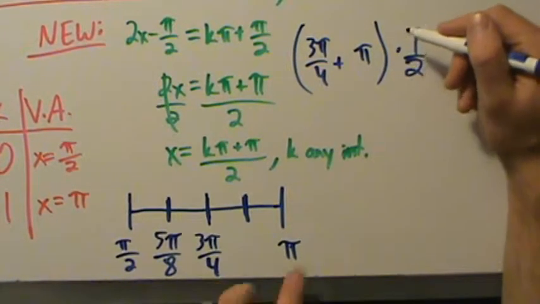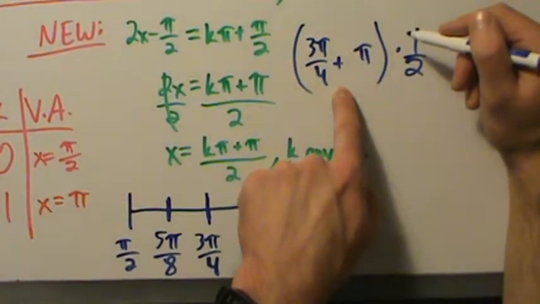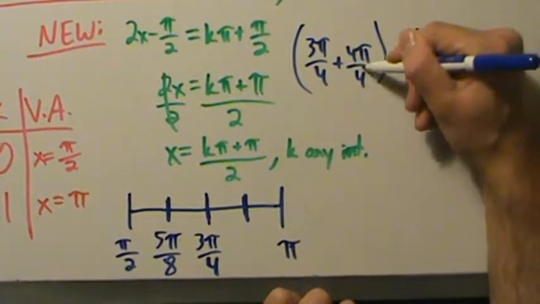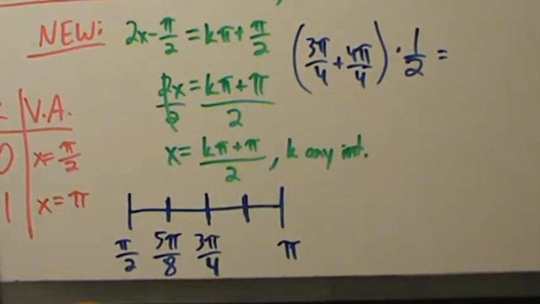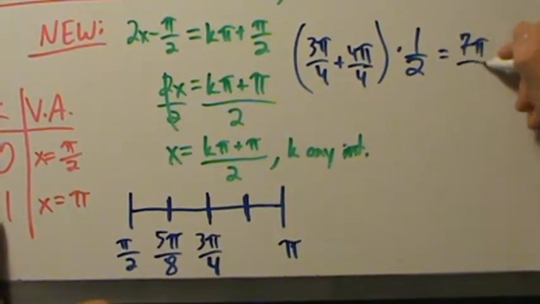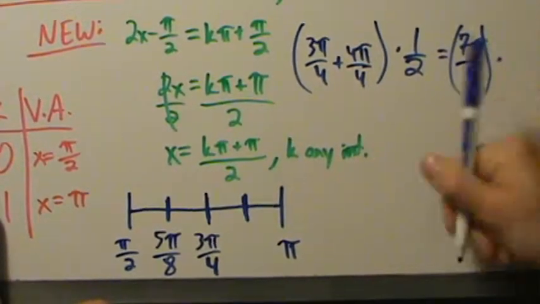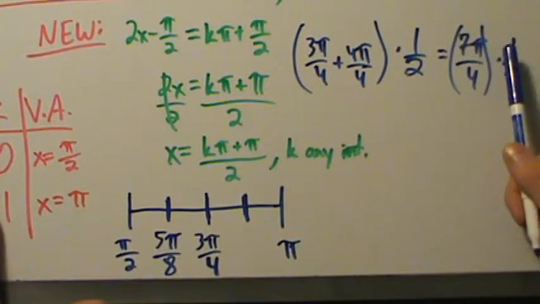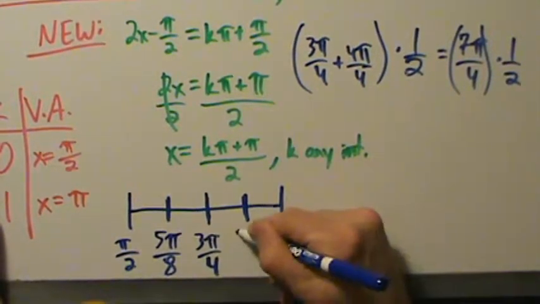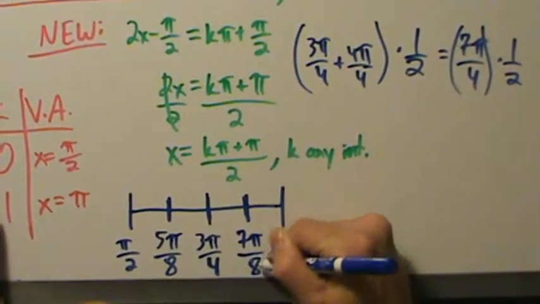So we have to get a common denominator in here, so multiply pi by 4 over 4. Then 3 pi over 4 plus 4 pi over 4, that's 7 pi over 4. And that whole thing is still being multiplied by a half. So this whole thing altogether is 7 pi over 8. So 7 pi over 8 is what goes right here.